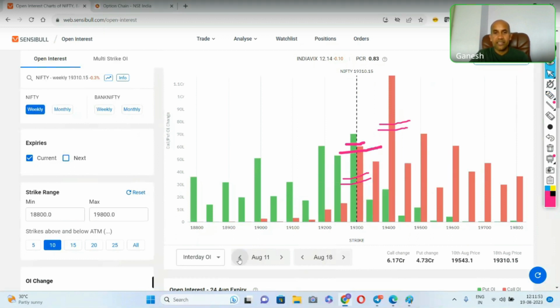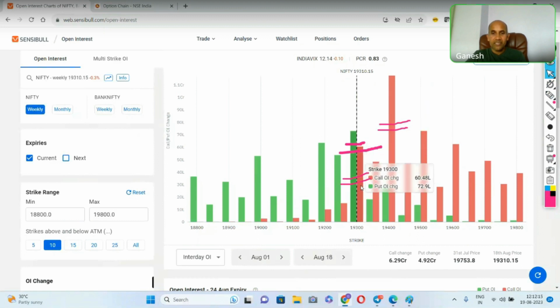Let's understand this entire August month. Since August, this 19,300 puts were sold. They have not left it.